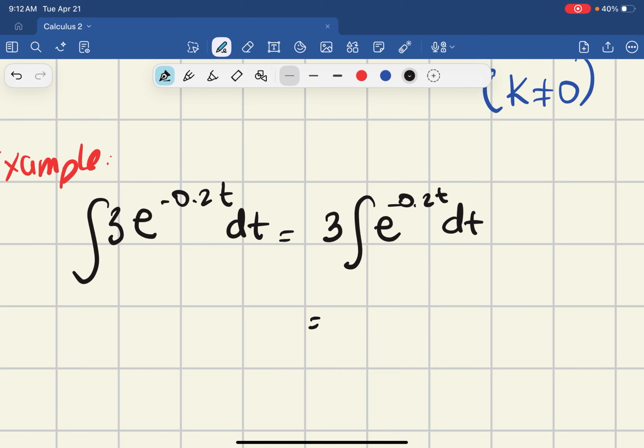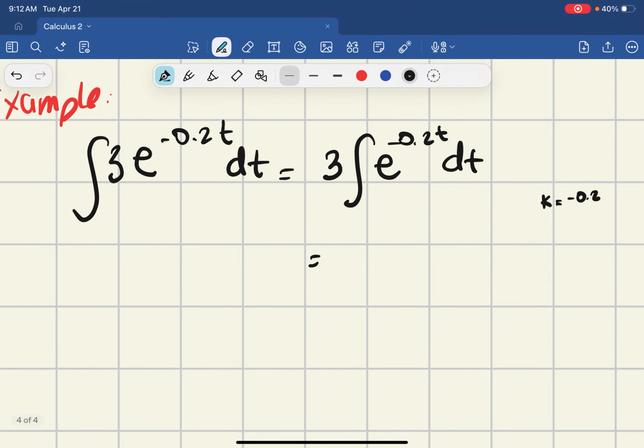So notice that for this particular problem, the k is negative 0.2, okay? So if I do that, this gives me 3 times negative 0.2 times e to the negative 0.2t plus c.